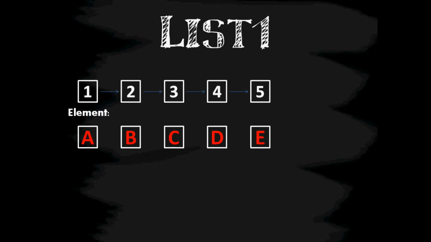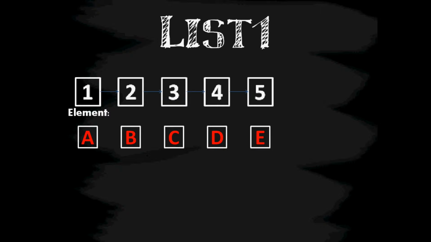Suppose you have a list named list1, and the numbers 1, 2, 3, 4, and 5 here represent the order of your elements. If you use the function push_back, and if you enter an element, let's say character A, it will be the first element in your list.